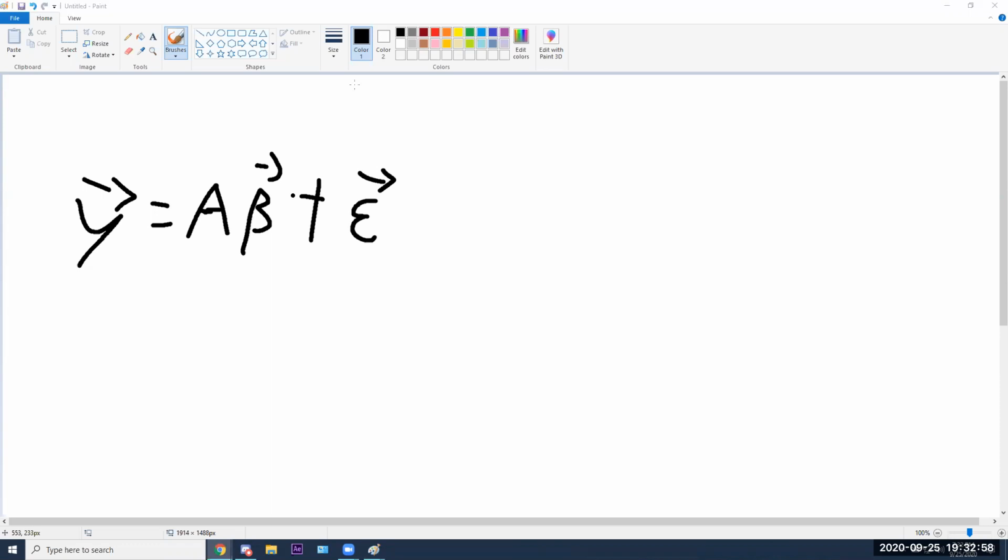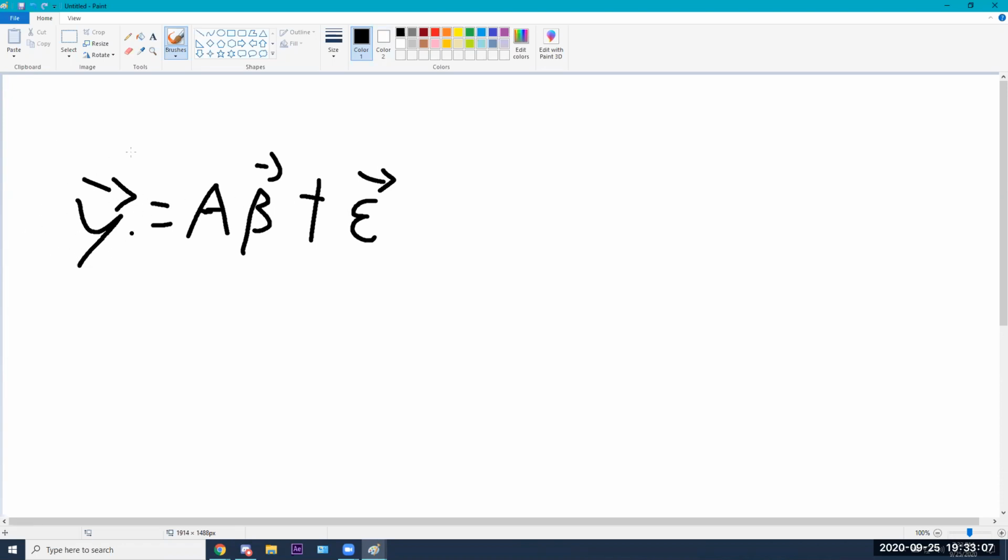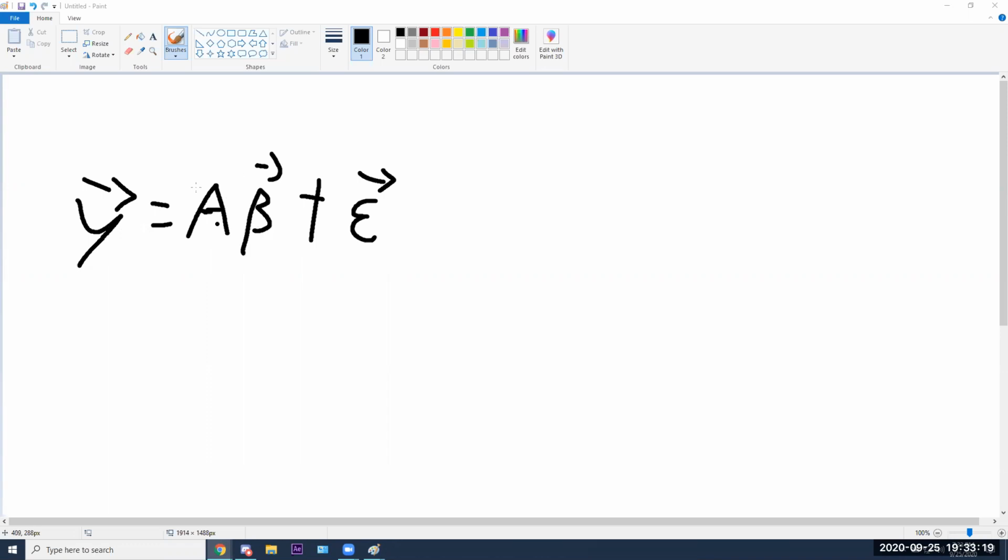Like I said, this requires knowledge of matrix multiplication. But basically, think of this y vector as all the y values of the data set. Think of this A as all the x values for every point.